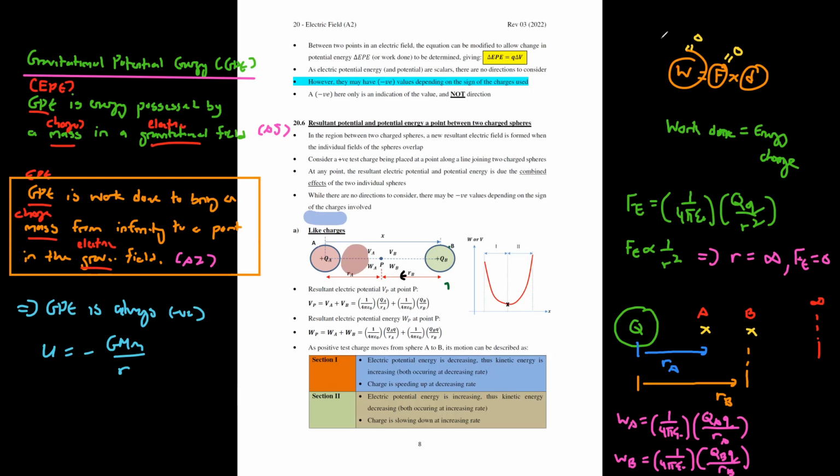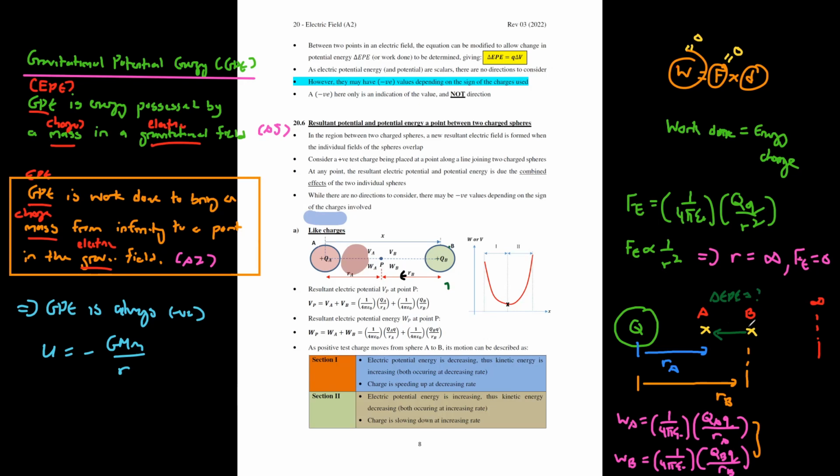Okay. So in your case here, if you wanted to find the change in EPE between these 2 points, say when you move from A to B, let me just find a suitable color. Okay, let's just say you're trying to move from A to B now in this direction. What is the change in your EPE?